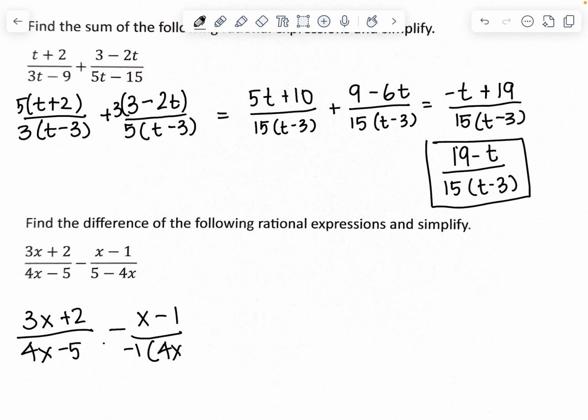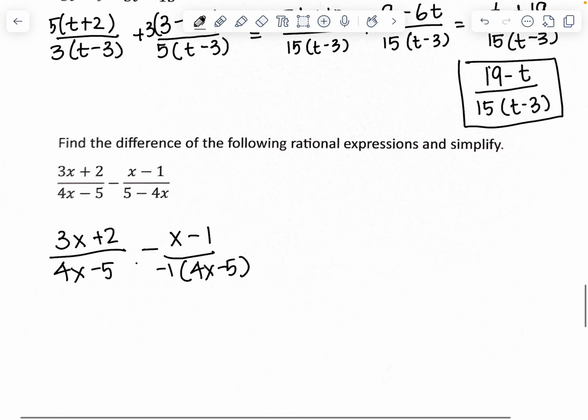Now they have the same denominator, except for this has a negative 1. So that means you need to multiply this side by negative 1. So they'll actually be the same.